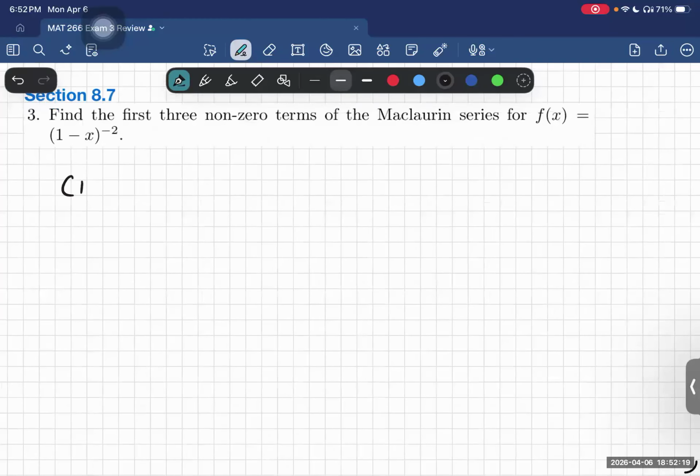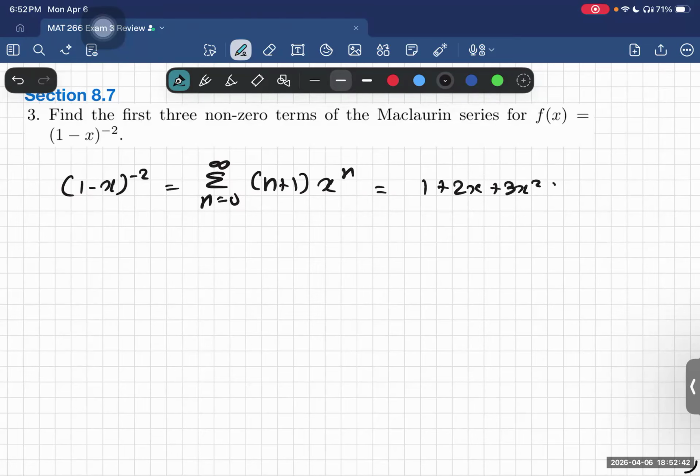Like for this, we will have (1 minus x) raised to the power of -2 is equal to, again, summation from n equals 0 to infinity of (n plus 1) times x raised to n. This is kind of a general form of the Maclaurin series. So this results in 1 plus 2x plus 3x squared plus 4x cubed plus so on, and goes on forever till it converges.